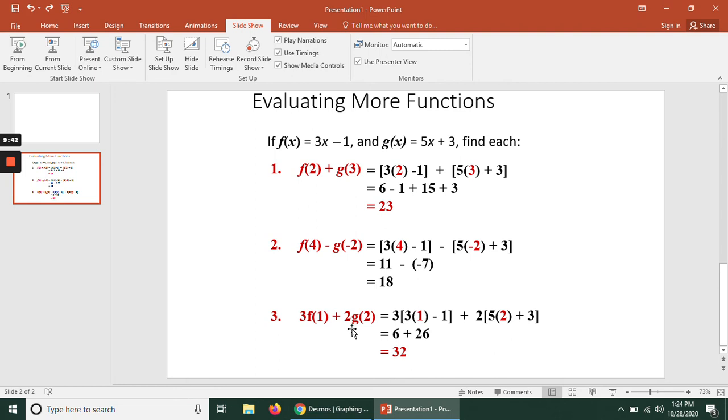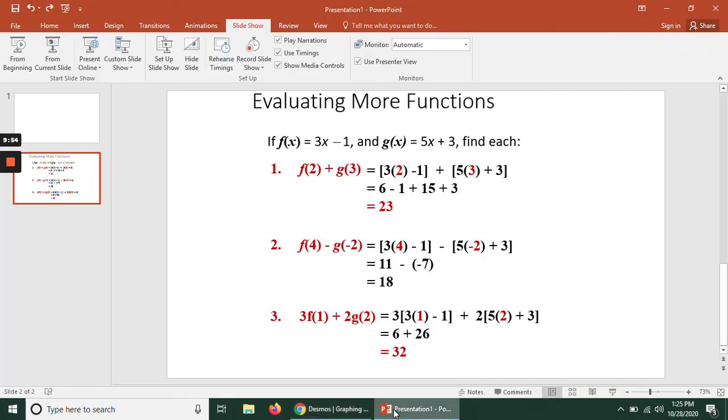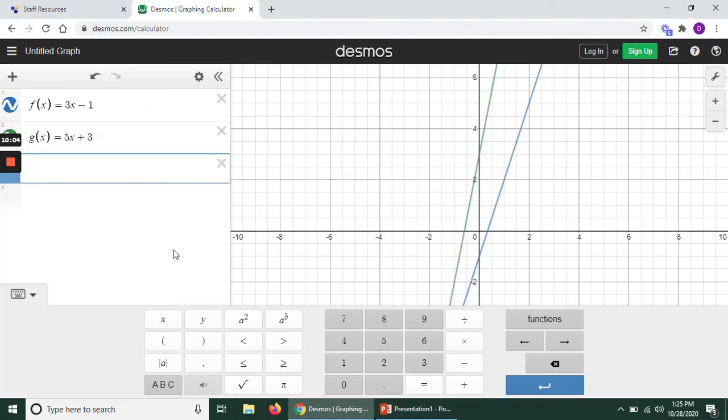So I keep my two functions f and g. Now we need to find 3 times f of 1 plus 2 times g of 2. So I'm going to type that in.